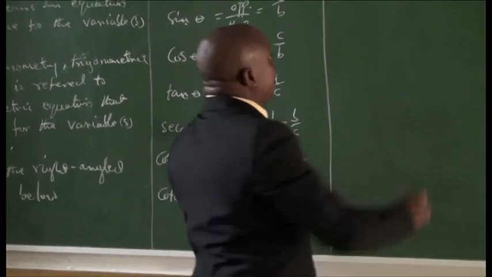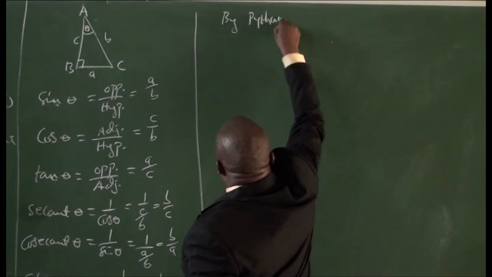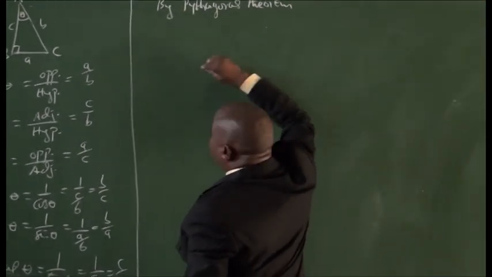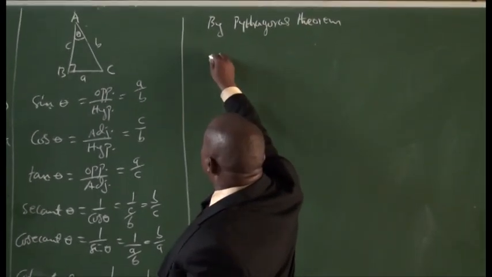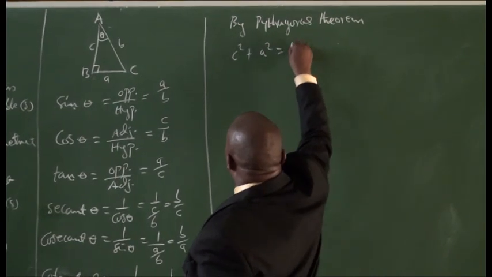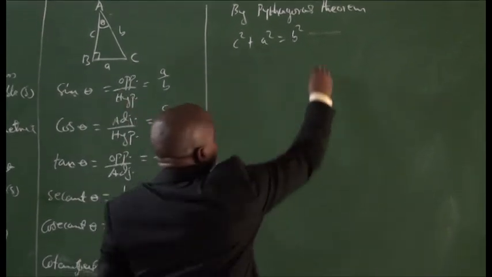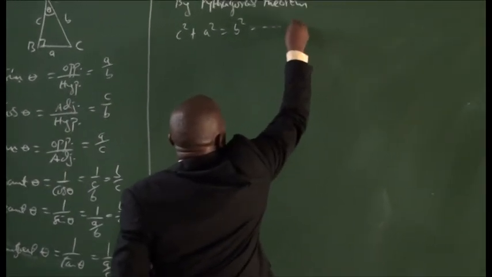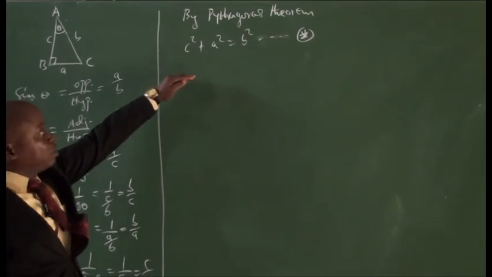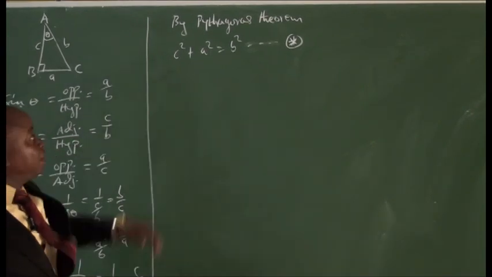Then, by Pythagoras theorem, we see that C square plus A square will be equal to B square. Got that? Now, this is Pythagoras theorem, so I use a star to denote this because we'll be making reference to it.